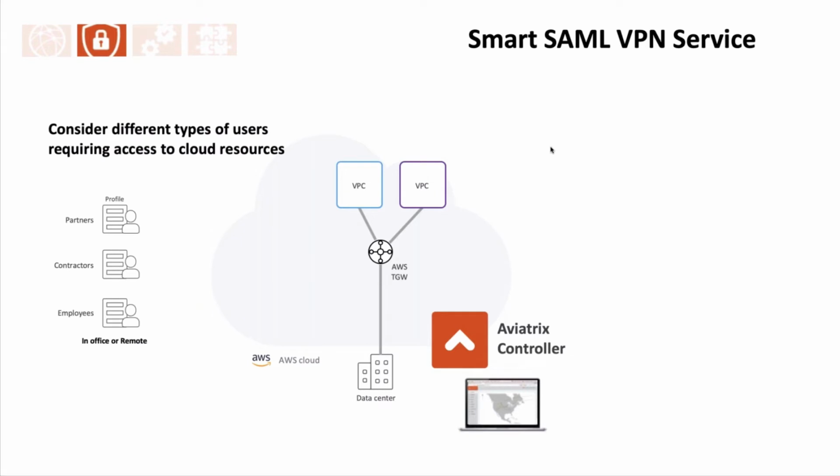So the first thing to consider is the different types of users that are going to require it, because you may just have employees and have different types of employees, people who are on the dev team, people who are going to have access to test environments, people that are going to actually have access to the production environments. But you also might have partners or contractors, and those employees that you have could be coming in remotely, or they could be using the VPN connection even when they're in the office.